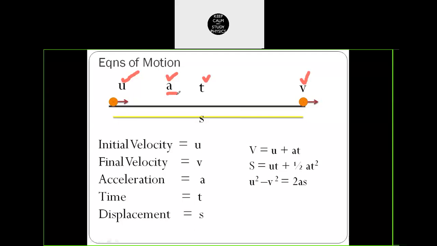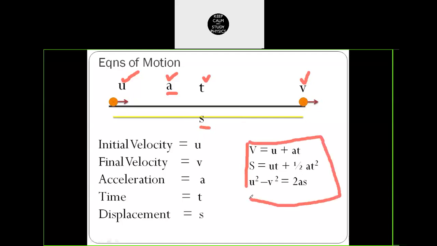Meanwhile, it has covered a displacement of s. For such a situation, these equations are valid.